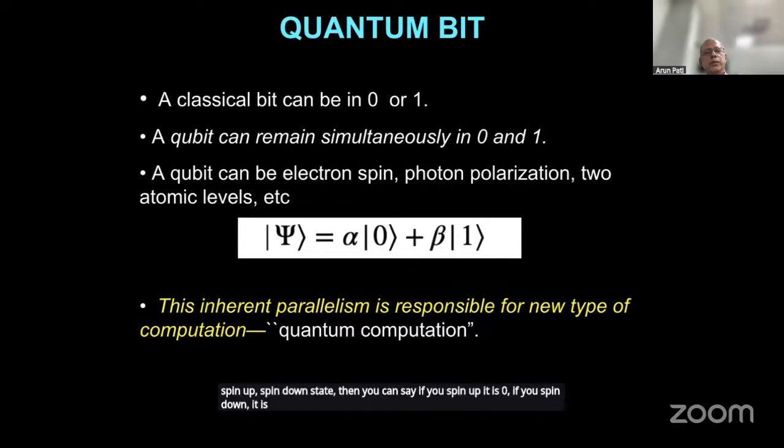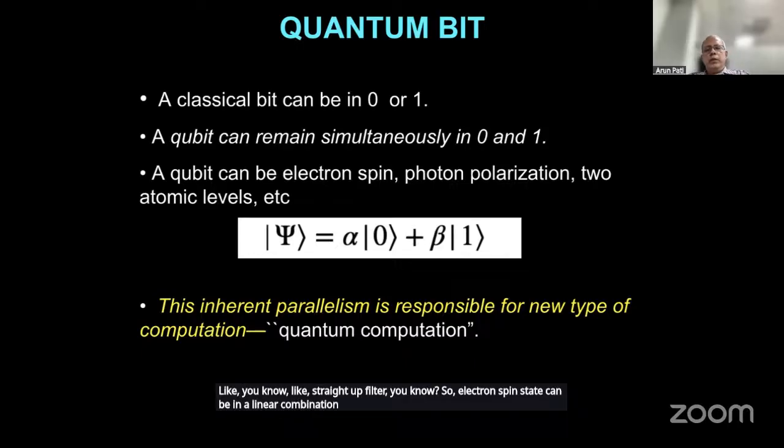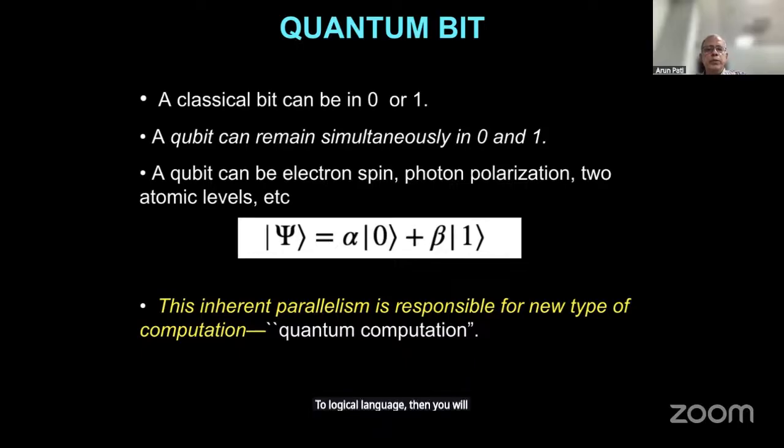But I know that the quantum system can also remain in a linear superposition of this spin up and spin down state, like the state of an electron. So the electron spin state can be in a linear combination of spin up and spin down state with some complex amplitudes alpha and beta. We know that, right? So now if you translate this to logical language, then you will have a state which looks like alpha 0 plus beta 1.